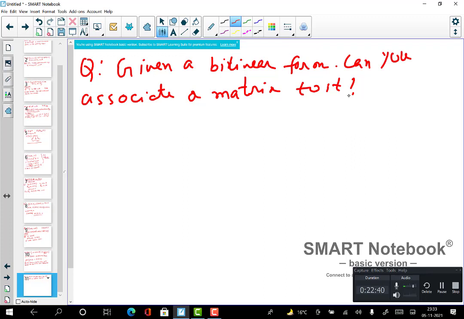The answer is yes, but this association is not canonical. What does that mean? It means this association will depend on a basis of the vector space, which is almost natural, because when you associate the matrix representation of a linear map, you see that it depends on a basis, right? So now we will do that.